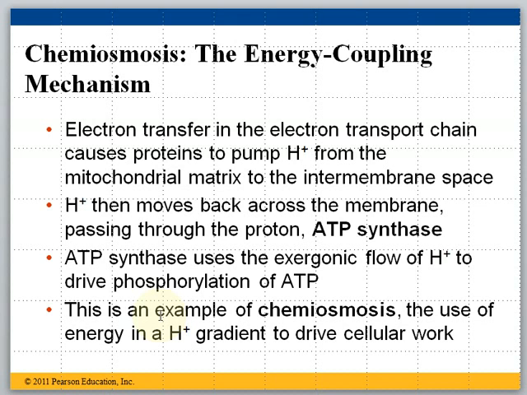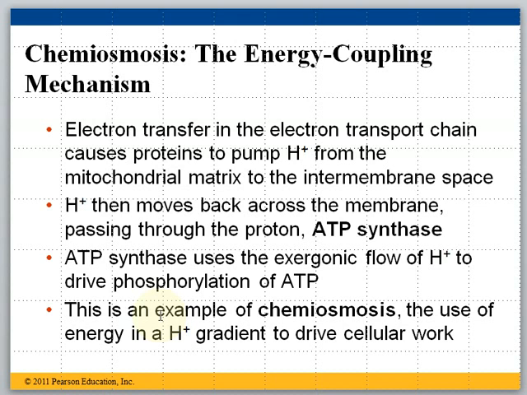As these proteins pass the electrons down the chain, that changes them and causes them to pump H plus ions. And we're going to find out that's going against the concentration gradient. So they're using energy as these electrons pass through them to pump H plus ions from the mitochondrial matrix into the inner membrane space.